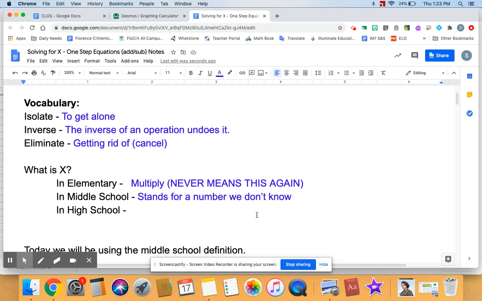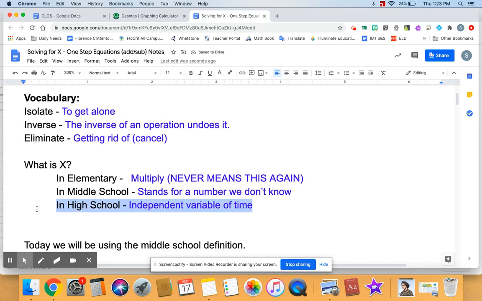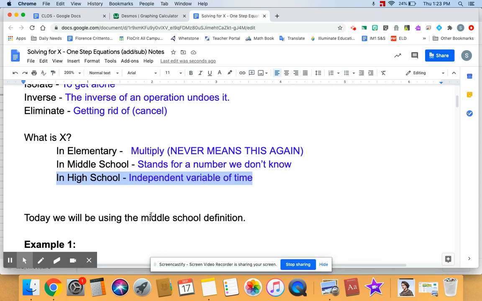And then in high school, as it gets harder and harder, x stands for the independent variable of time. You will learn this much later on. It doesn't matter for today's lesson because for today we're going to use the middle school definition: x means a number we don't know, and we have to figure out what that number is.